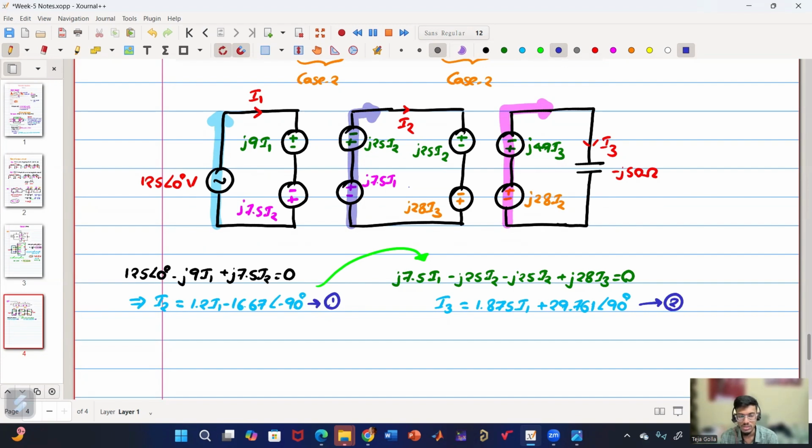So basically we have I1, I2, I3: three equations, three unknowns. So what I'm trying to do is convert everything into one variable, so it will be one equation, one unknown. Then I'll substitute I1 into equation 2 to get I3. So I'm converting into a single variable.